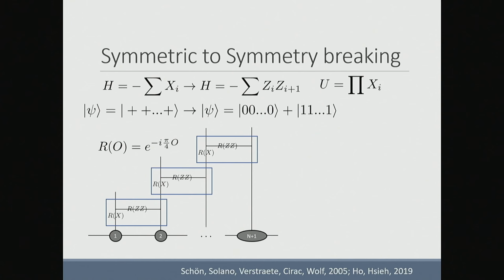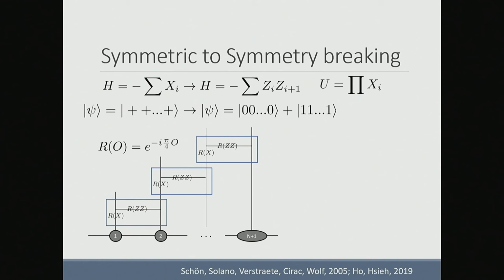And that's going to take time because we want to sweep the whole system one step at a time. So this is actually going to be a linear depth circuit because we need a linear number of steps to cover the whole system. On the other hand, this is a very special kind of linear depth circuit because in every layer, we're applying only one gate. And we're applying things sequentially.